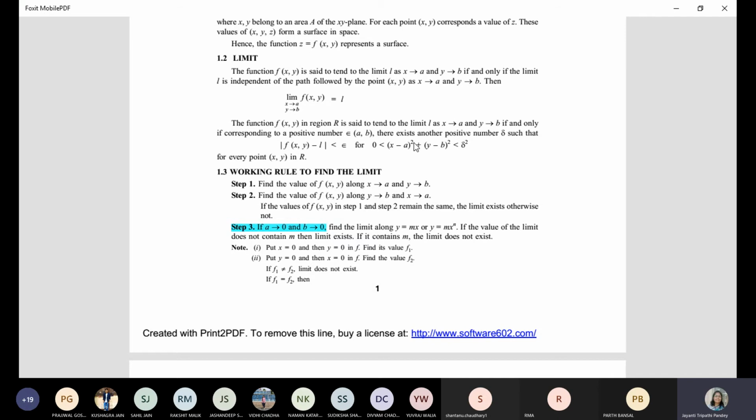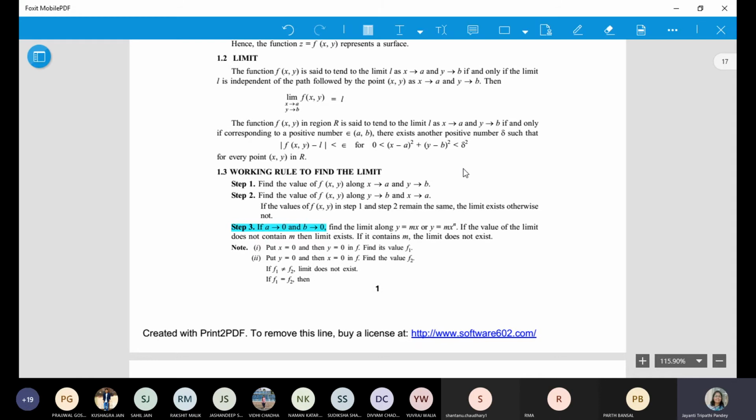Okay, that's why when you deal with it, you talk about a circle around AB. Now this is the working rule, and I want you to understand this working rule very carefully. If you are finding the limit, you will approach it in two ways.